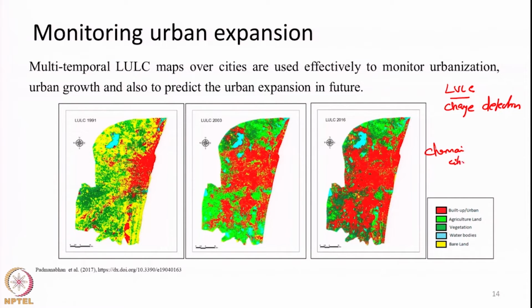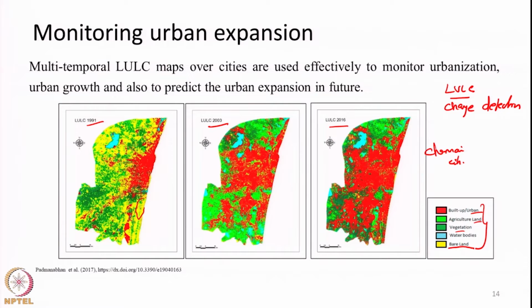So, this is how the LULC map for Chennai city looked in the year 91, 2003 and 2016, with each color representing the class given year: built up urban, agricultural land, dark green represents general vegetation, barren land is which is not being used, and so on.